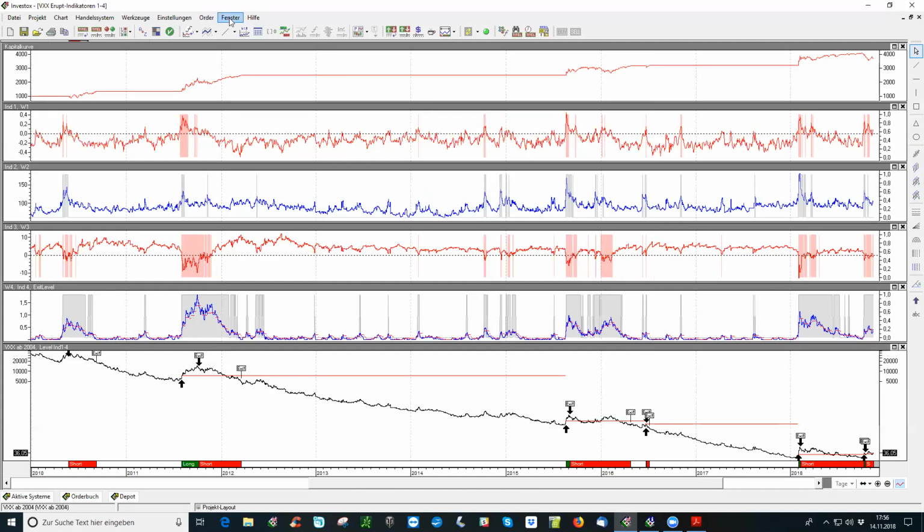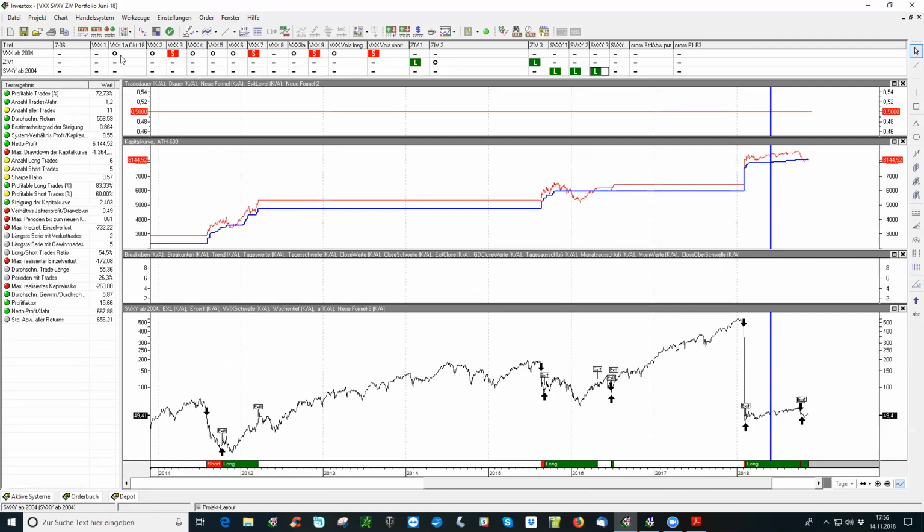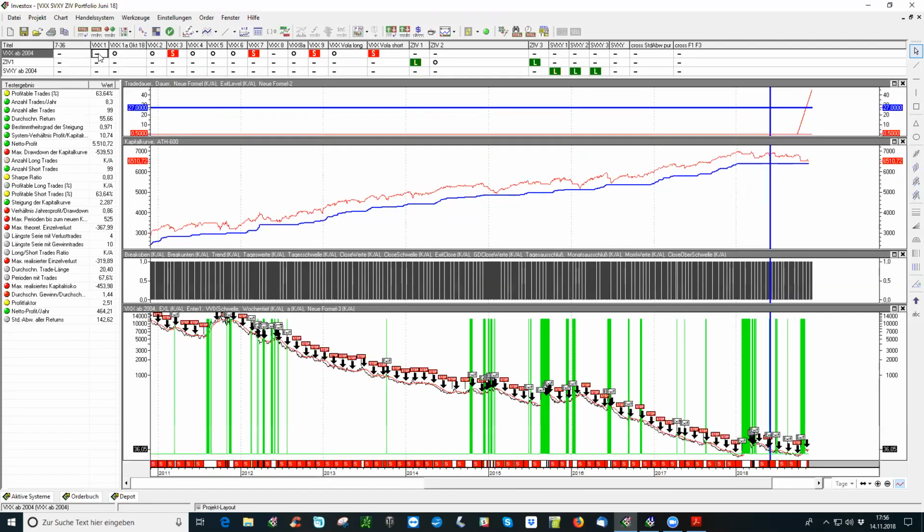And one thing is, here I have a nice example for that. This is the system VXX1. The green ones are the emergency exits when the VXX entered a certain level. You see here, there are a lot of exits. Here you see an exit.